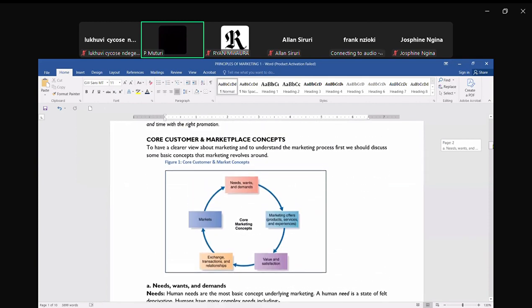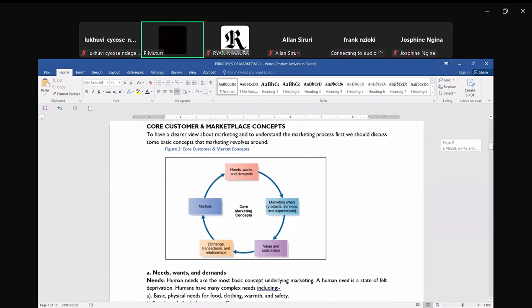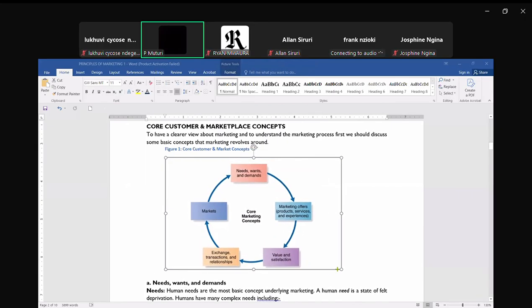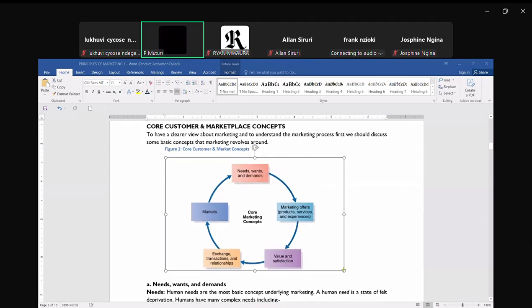So we discussed the core customer and marketplace concepts, where I was telling you it would be a circular diagram depicting or illustrating the core things in marketing.